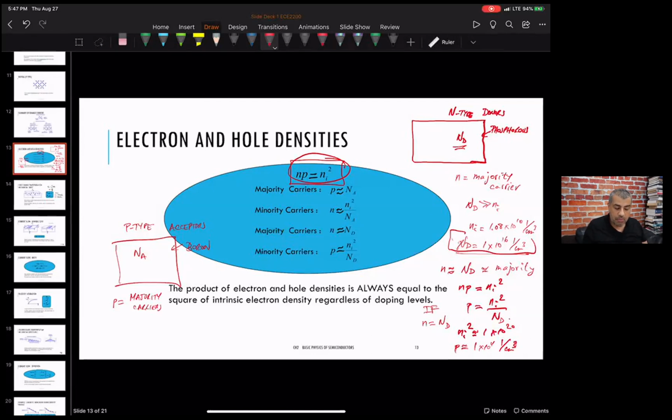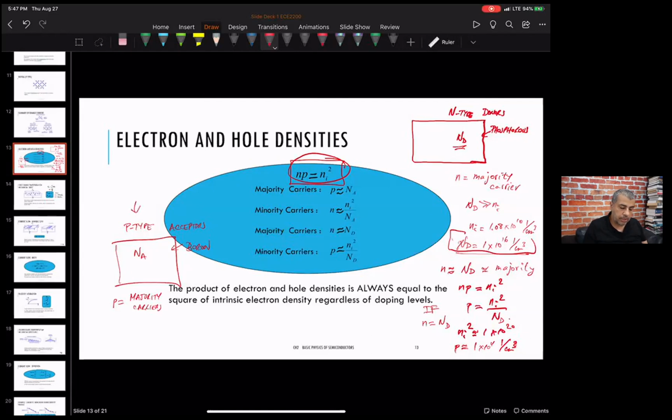So you have much, much less holes than electrons in an N-type material. Of course, it depends on the doping levels, but these are the typical doping levels you'll see for PN junctions, the device we're interested in. And we can run the same ideas for P-type material.